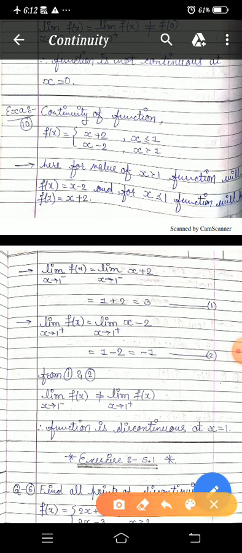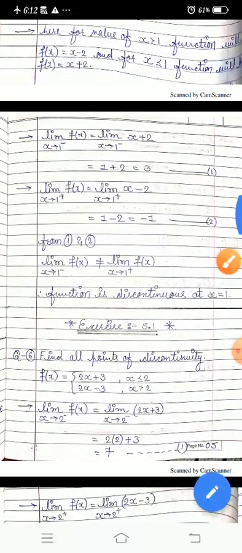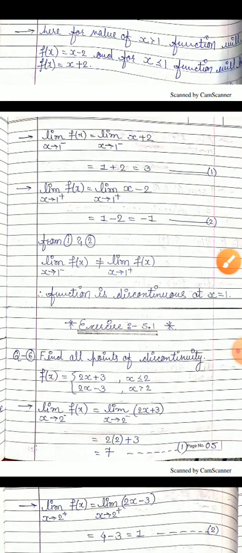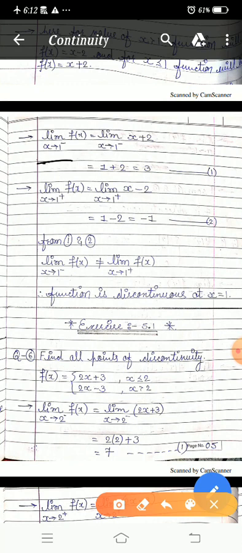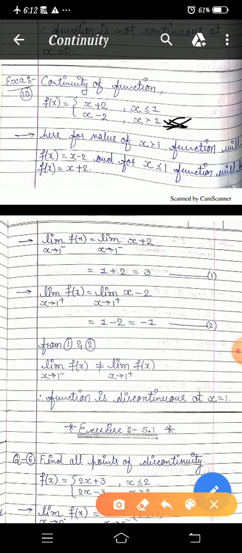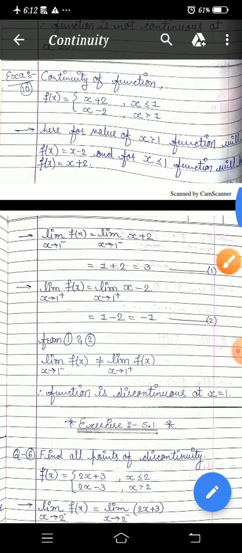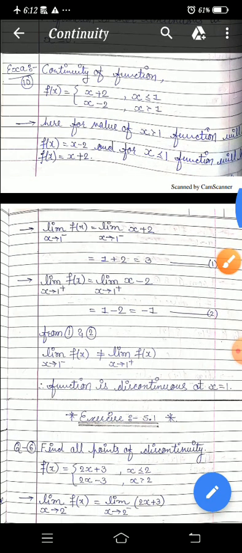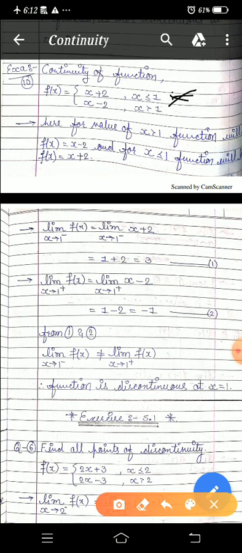First of all, we are checking the left hand side limit. The left hand side limit is given by limit x tends to 1 minus f of x. 1 minus means the value of x will be less than 1, so for values of x less than 1 the function must be x plus 2.